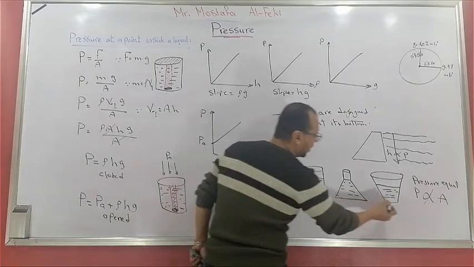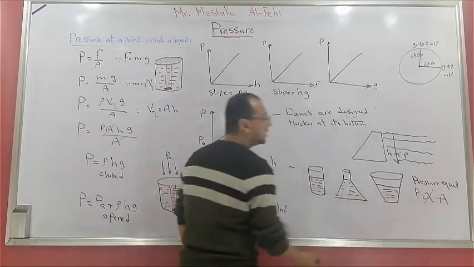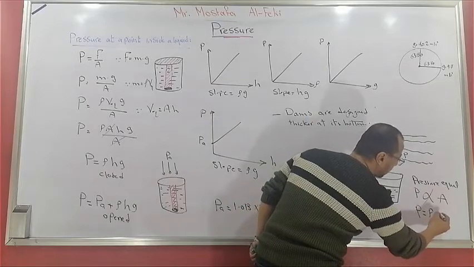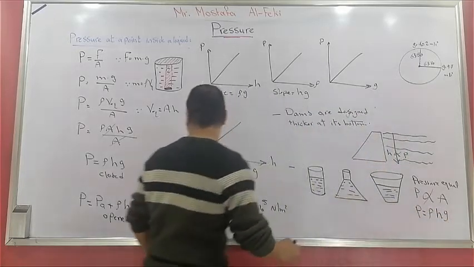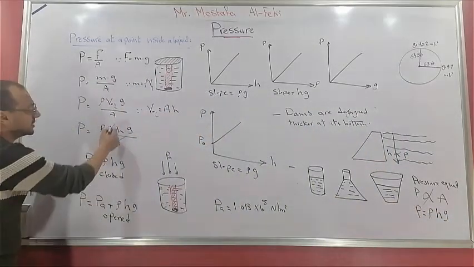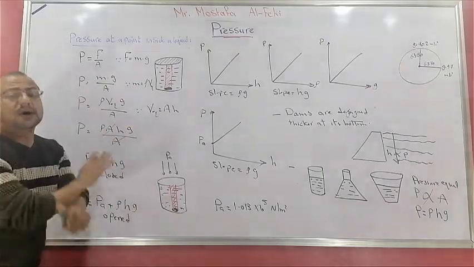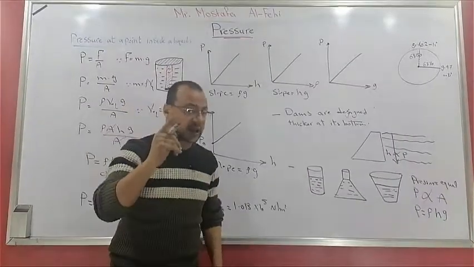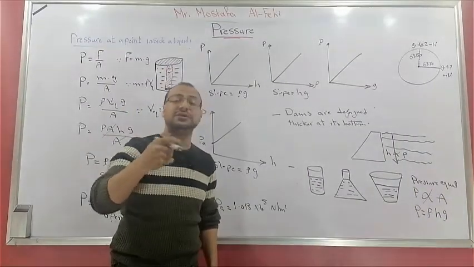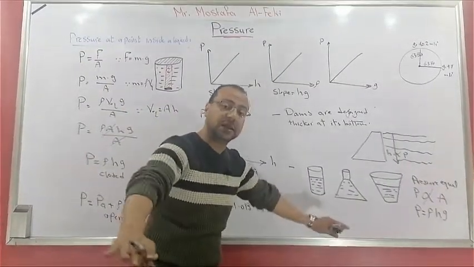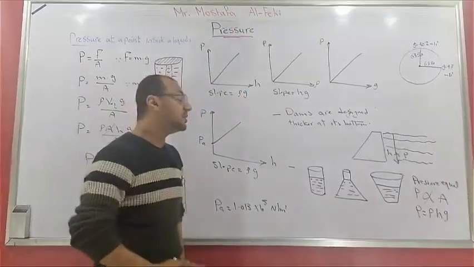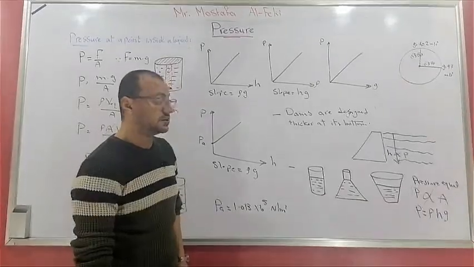or acting on the base of these three containers, pressure equals rho hg. And from the previous relation, we cancel area with area. So pressure doesn't depend on it. Pressure at a point inside a liquid, not the pressure acting on the plane, on the horizontal plane, doesn't depend on the area of the container.